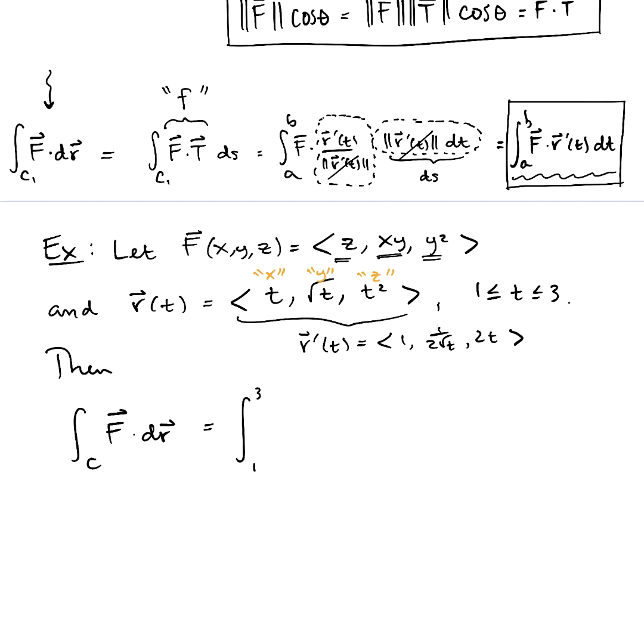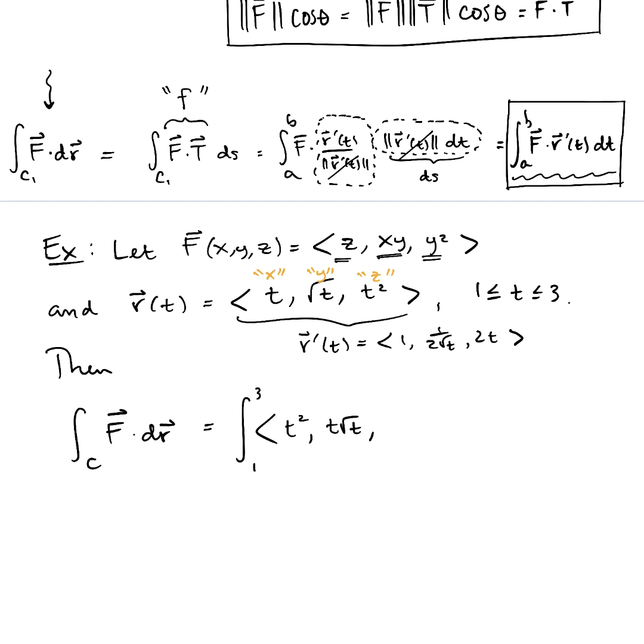So the integral comes down to this. Here's big F, parametrized by t. The first coordinate is z, and the role of z is being played by t squared. The next coordinate is x y, and the roles of x and y are being played by t and root t respectively.